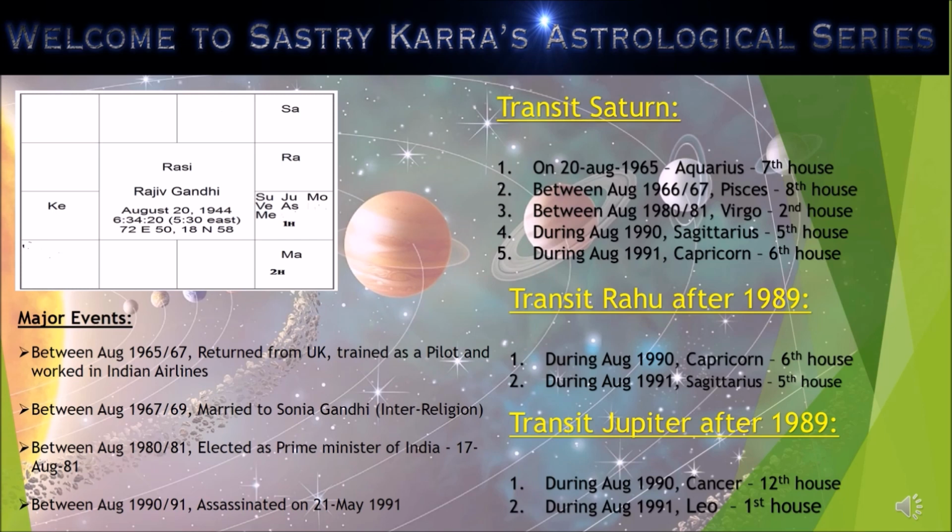In transit, Saturn was in Aquarius, that is the 7th house, in 65, and in 66 and 67 it's in the 8th house. So the 6th and 7th house lord is in the 8th house and having a direct aspect on the 2nd house. My goodness.